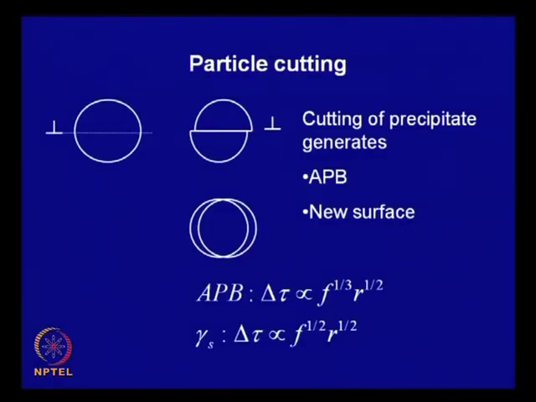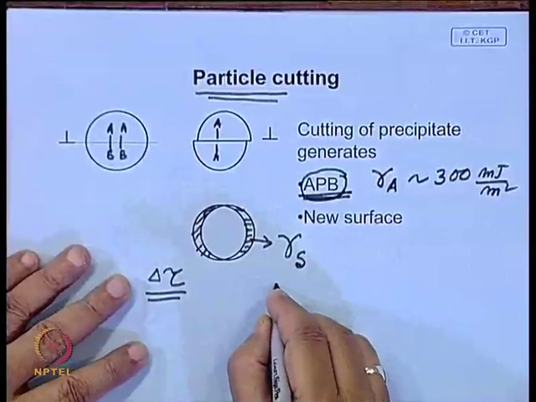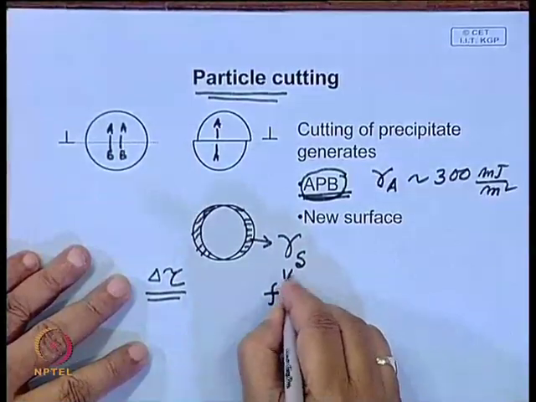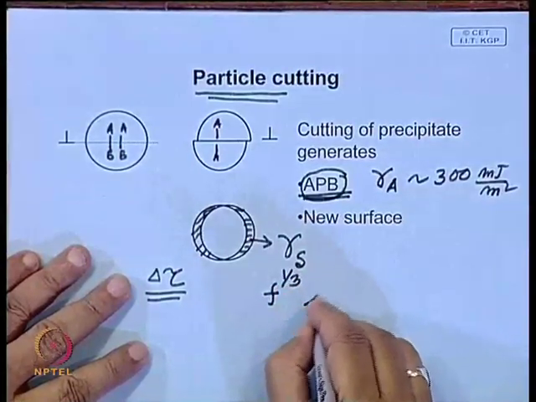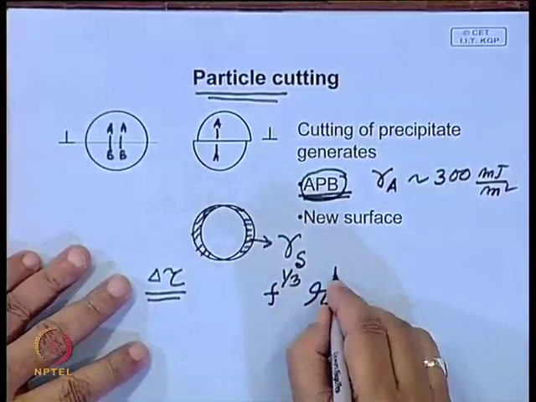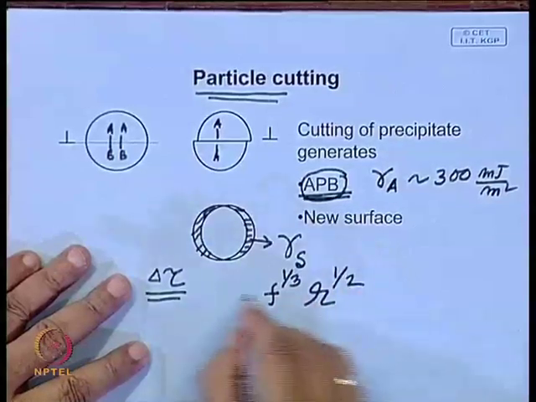If you calculate it with a little rigorous calculation with the antiphase domain boundary, you get this. Essentially it shows that delta tau remains proportional to f to the power 1/3 and r to the power half.